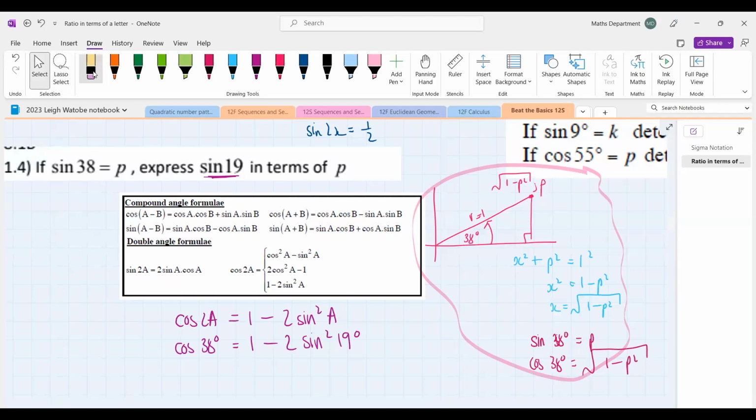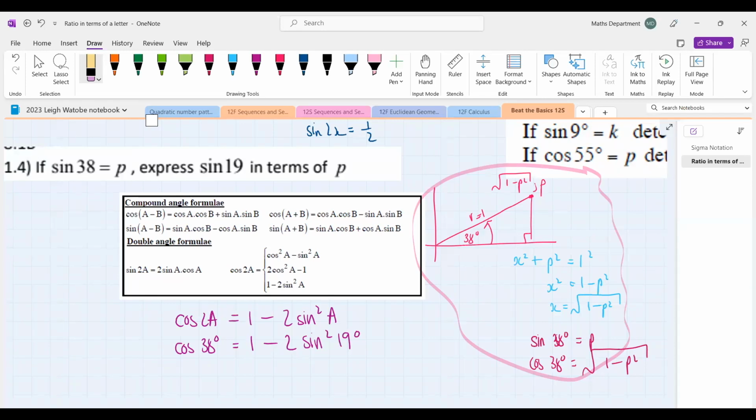Good. Now they want from us the sine of 19. So you can solve for sine A from cos 2A, and you can solve for cos A from cos 2A using your double angle identities.